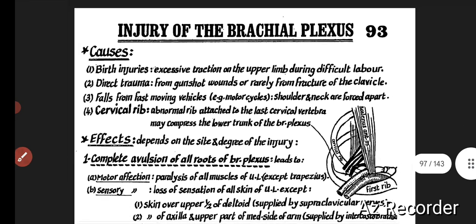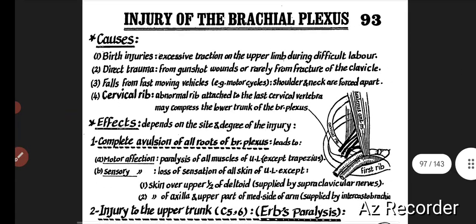And now comes the applied anatomy part of the brachial plexus, which is the injury of the brachial plexus.